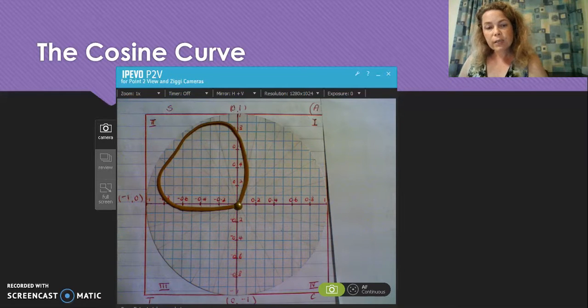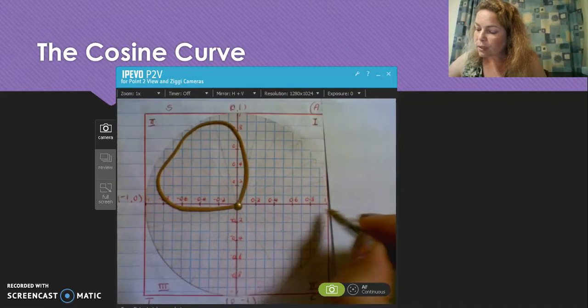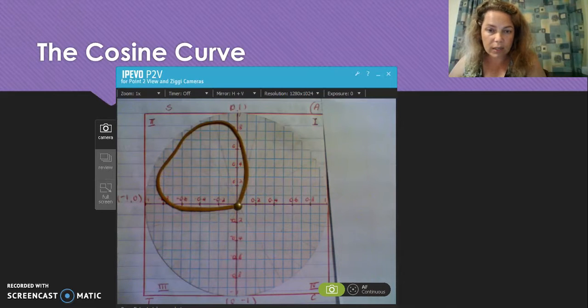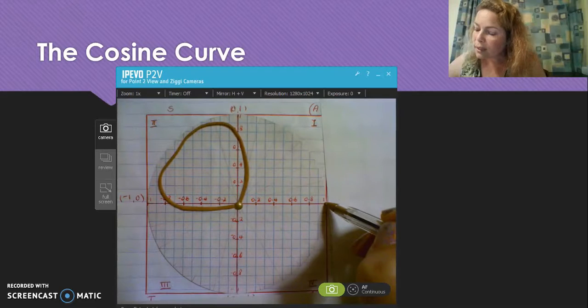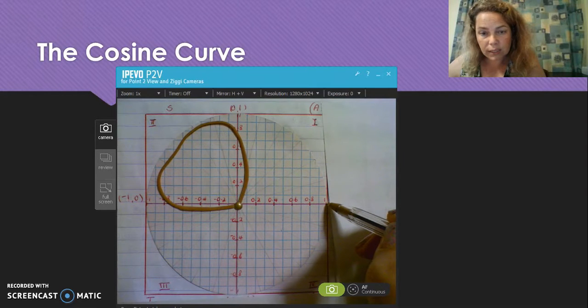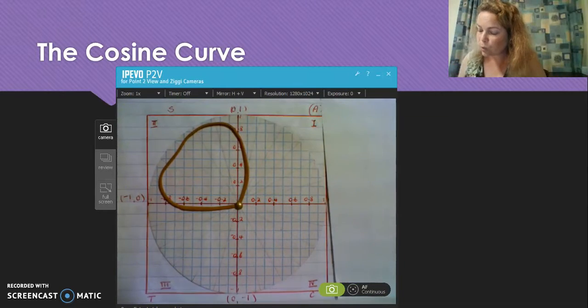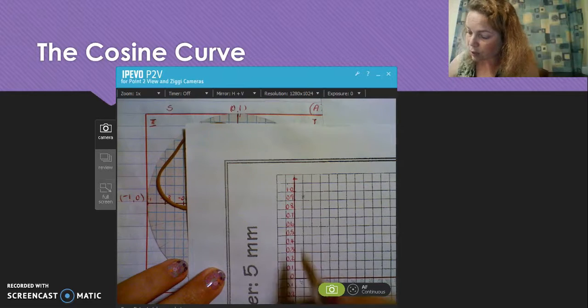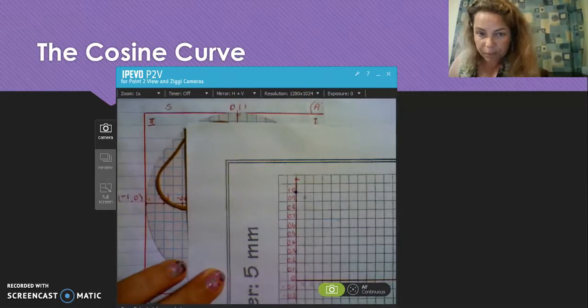So the first thing that we're going to do for cosine is remember, we're looking at the reading along our x-axis. So when our angle is 0 degrees, our cosine value is 1, which means that on my graph where I've got 0, my cosine value is 1.